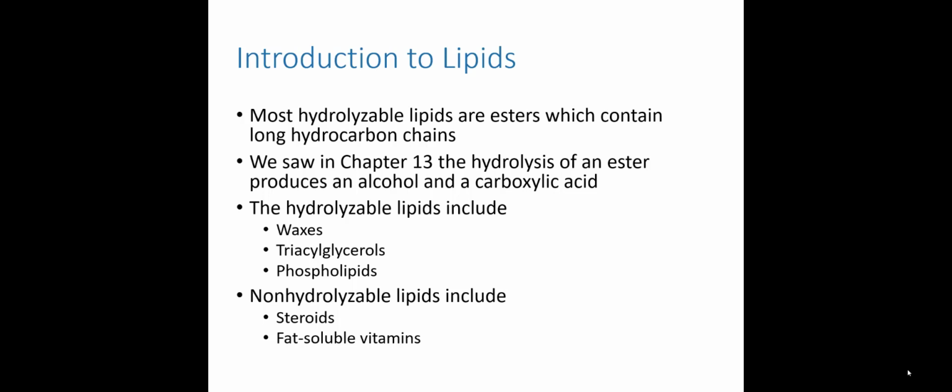Before we can really get into taking a better look at the hydrolyzable lipids, we need to look at one very important structural element that's common to the first three sets of compounds here, the waxes, the triacylglycerols, and the phospholipids, and those are going to be called fatty acids.